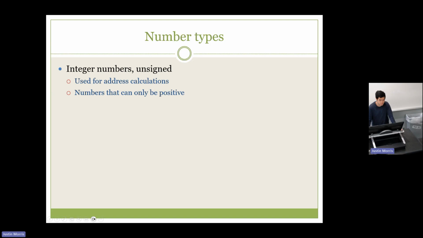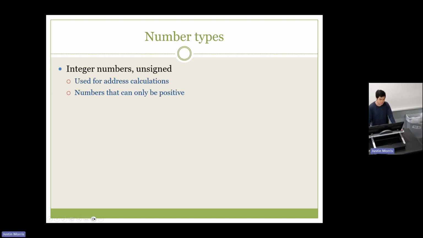And these are mostly used in computer architecture as addresses, because typically you don't have address 1.5. It's going to be 0, 1, 2, 3, right? And for these addresses, typically they're going to be unsigned as well.